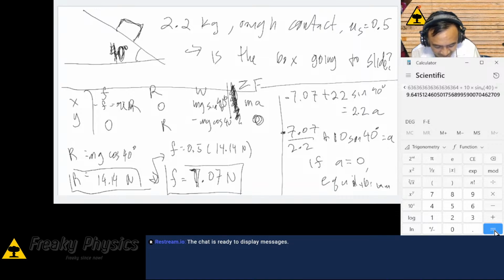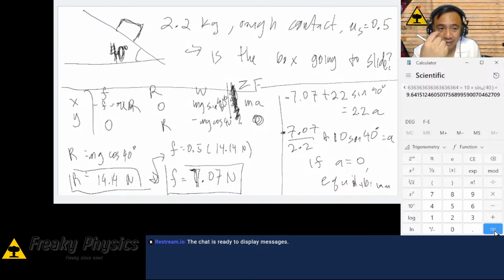Wait, does that mean it keeps accelerating, or is it accelerating at that point? It's gonna accelerate at that point, and then what happens afterwards depends on the value of the coefficient of kinetic friction. It just starts accelerating because we start from static friction, right?